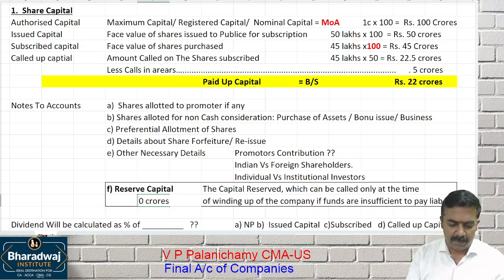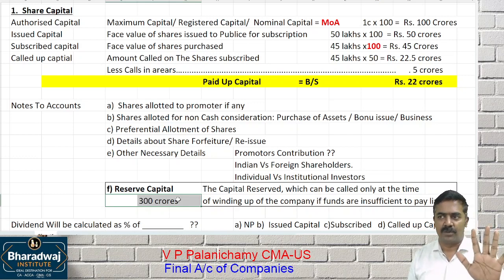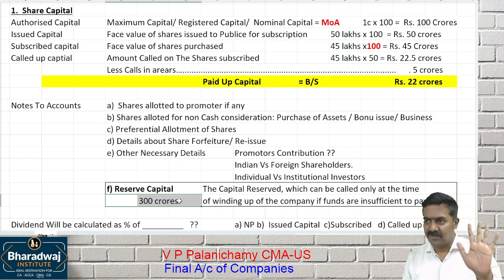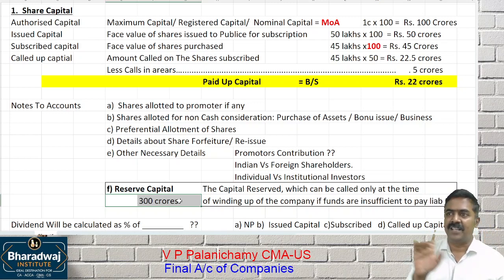Suppose reserve capital is available for 300 crores, and assets are sold for 500 crores. But liability, how much do we have to pay? 750 crores. The shortage is 250 crores. You will call 250 crores, not 300. I repeat. Assets of 500 crores are realized. Liability is 750 crores.